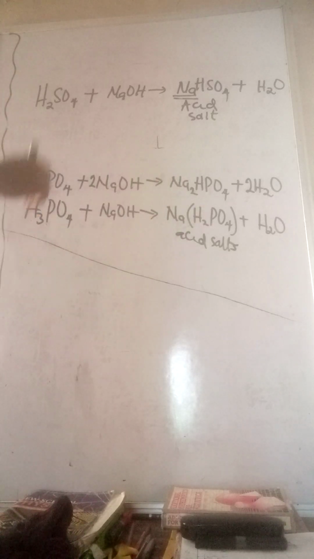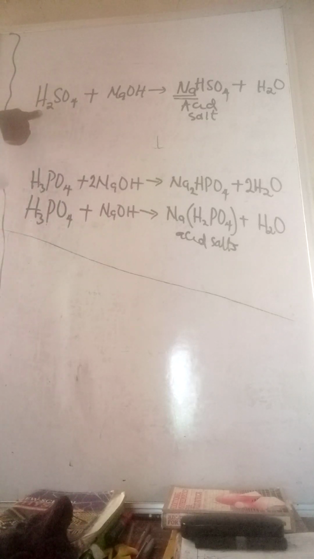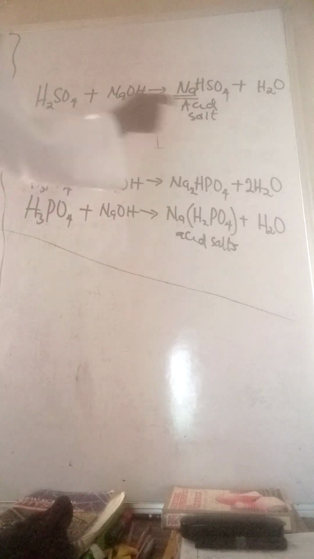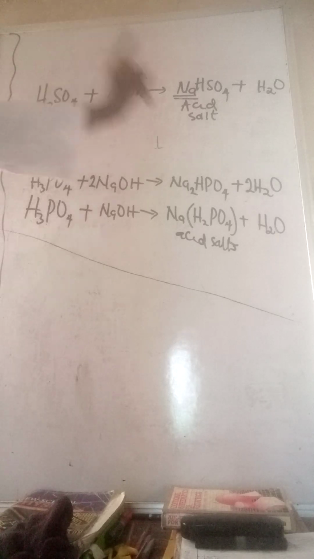Okay. Now, where am I going? This tribasic acid is able to form two different acid salts, while this dibasic acid here, which is H2SO4, with that same sodium hydroxide, is able to form only one acid salt. So take note of this. An acid with two replaceable hydrogen ions can only form one acid salt.